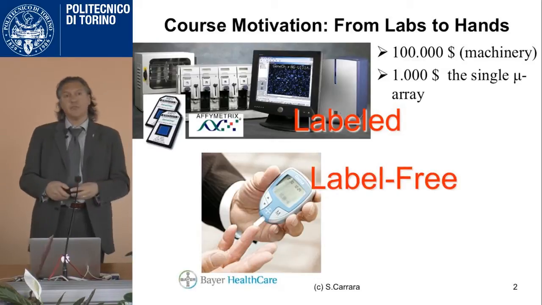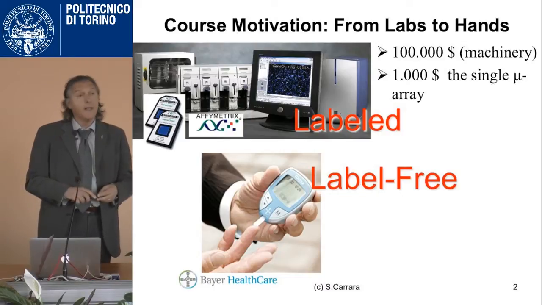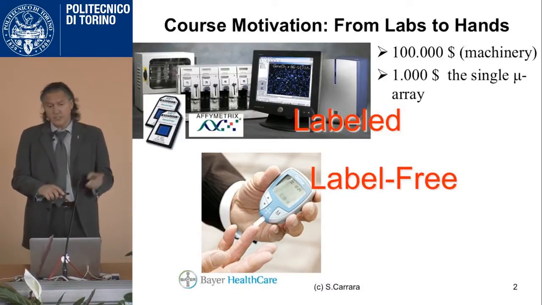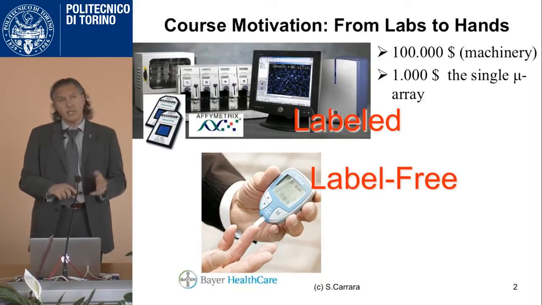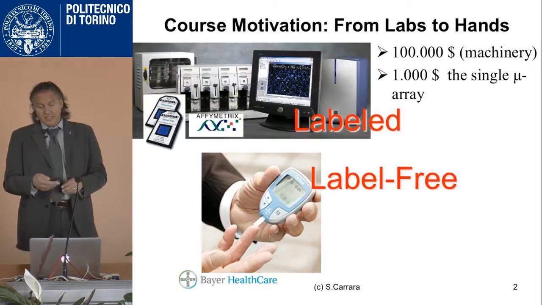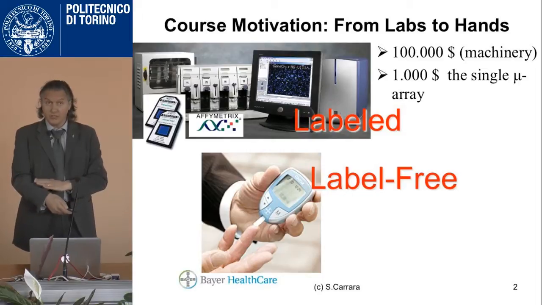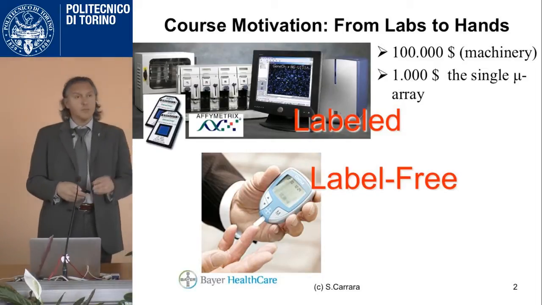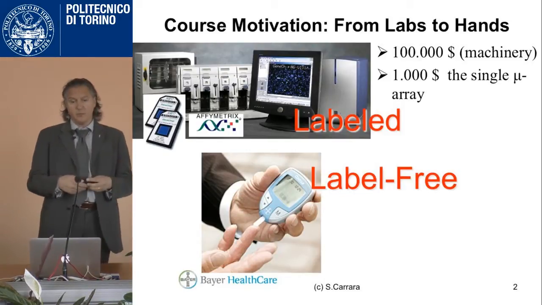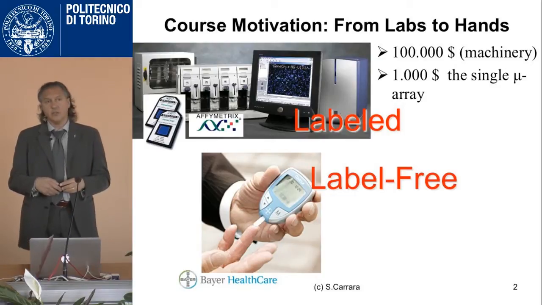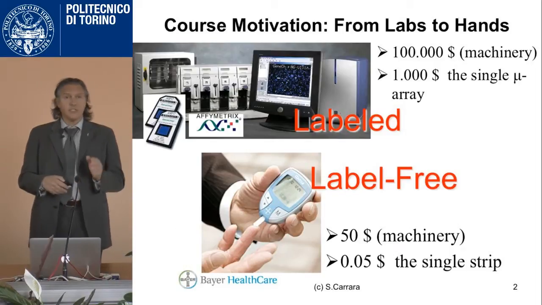On the other side, we have the extremely low-cost technologies typically used for glucose detection. In this photograph, we have one out of many systems that you can find in any pharma shop. They are used for measuring the glucose content directly in the blood. In opposition to the first technique, which is labeled and so also has a complex sample preparation, the second technique, the glucose measurement, is a direct label-free technology. The machinery is extremely cheap.